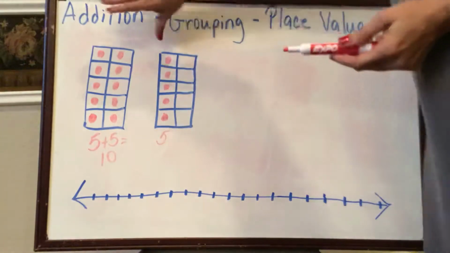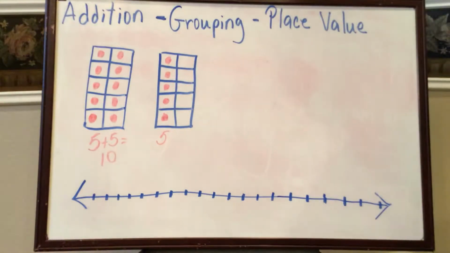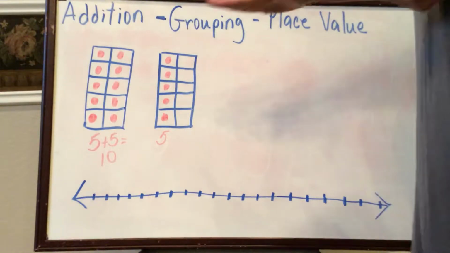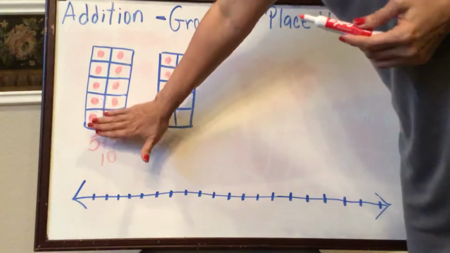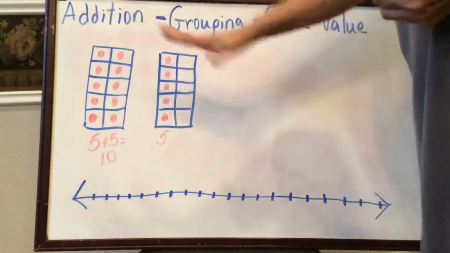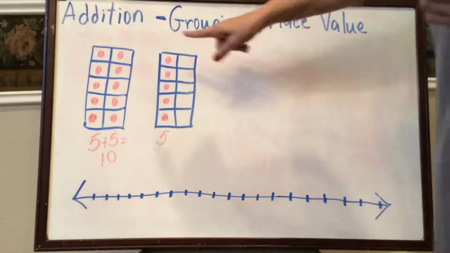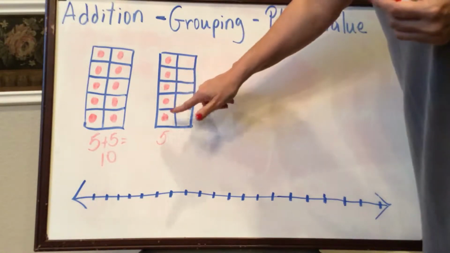So I have 10 here and I have 5. Okay, so now automatically when we see this with the 10 dots, we know that we have 10. And how many do we have here? 5, exactly, because we have 1, 2, 3, 4, 5.